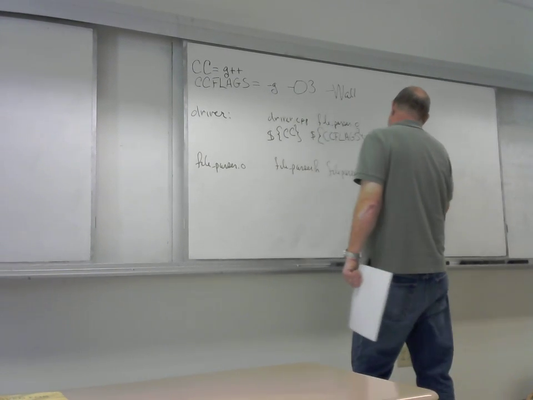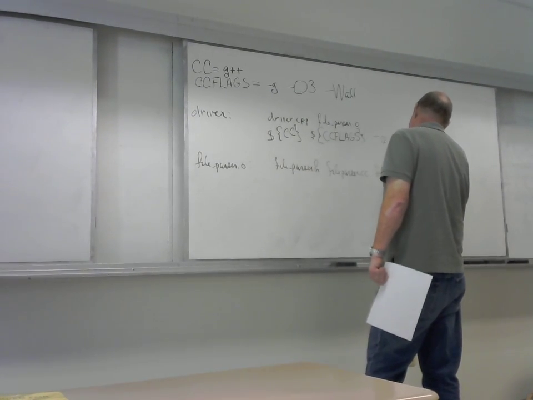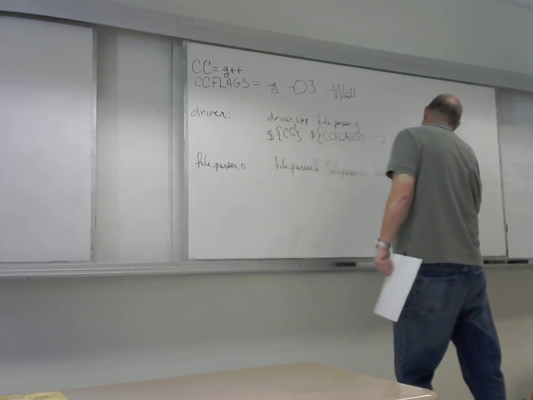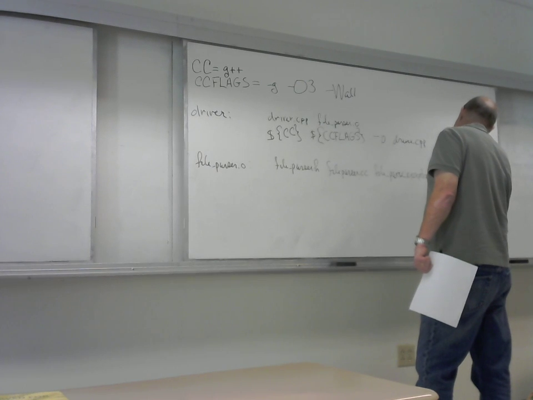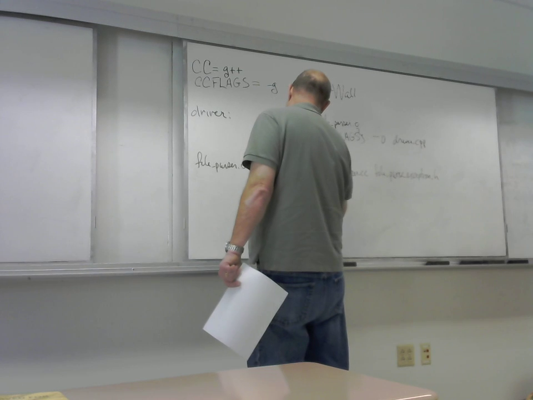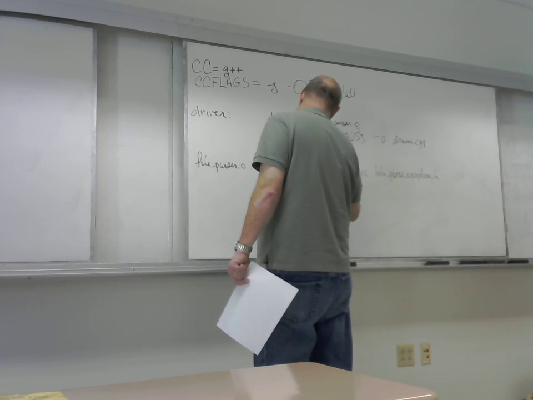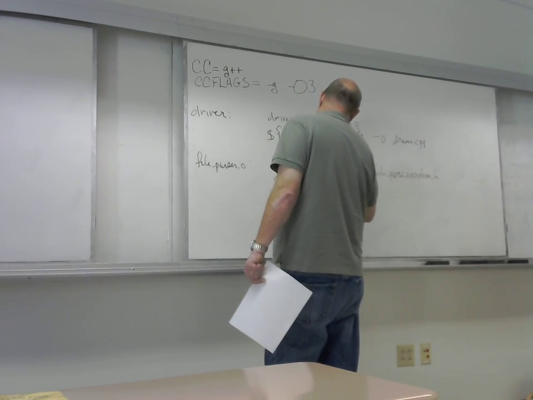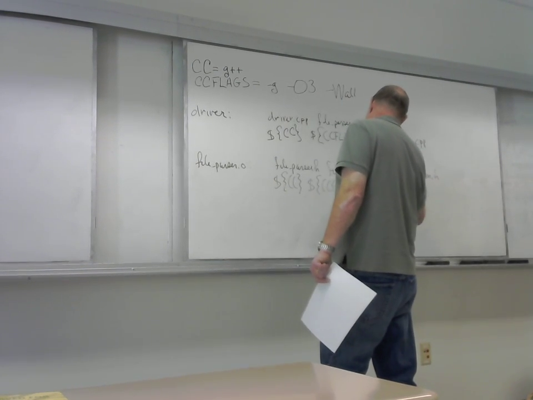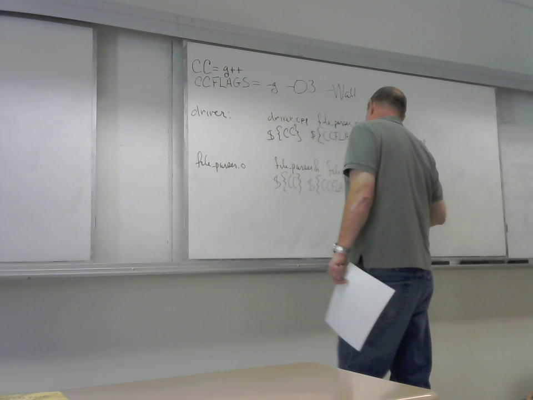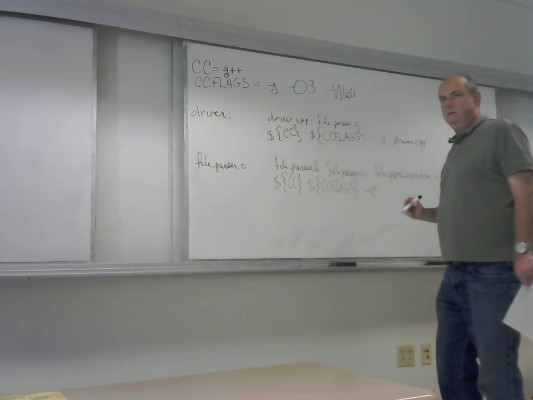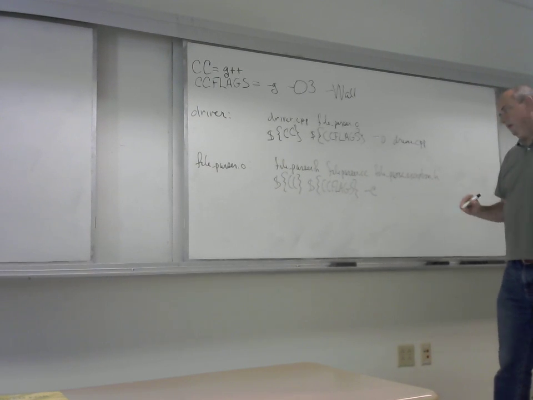You need file parser parse exception dot H, and then you have CC flags, minus C, which is compiled but don't create an executable. This will make a .o file.